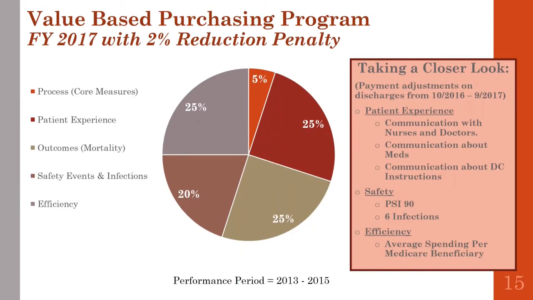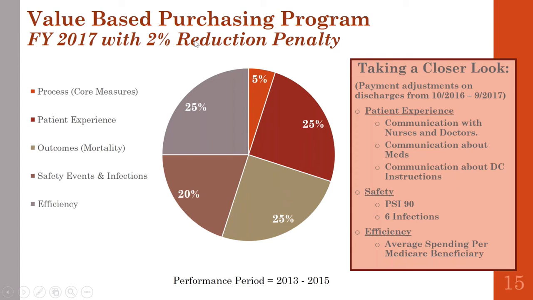So here we are with the value-based purchasing program for fiscal year 2017, which just wrapped up at the end of this September. If you look at the allocations on the VBP program, you can see that there's 5 categories for that program. You have a small slice of the pie for core measure related metrics.